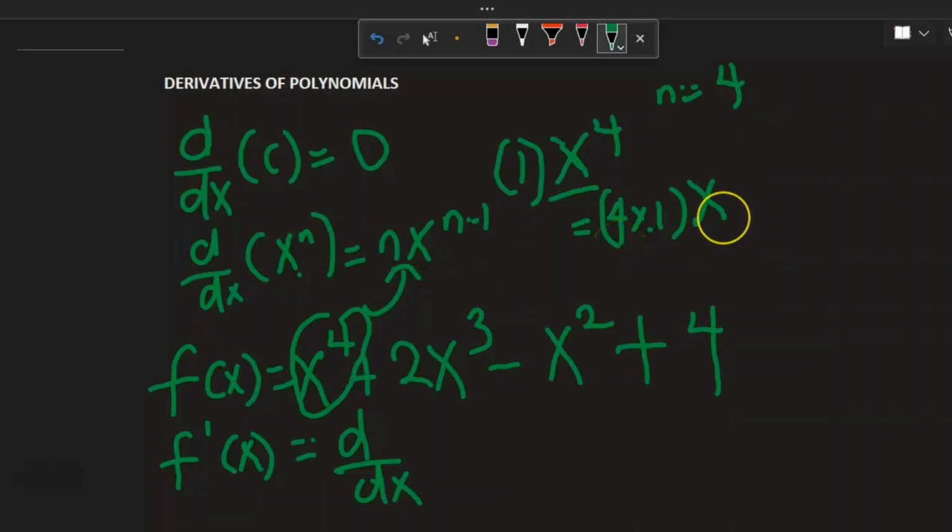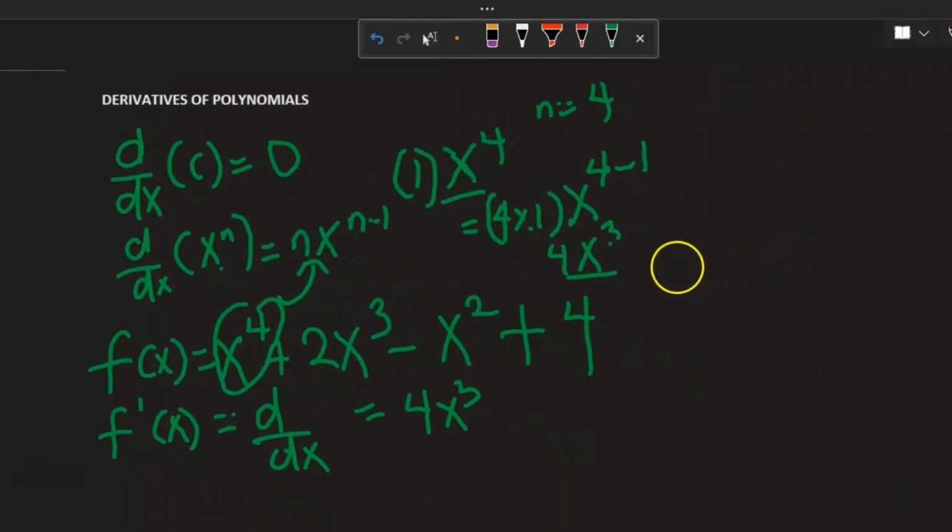Then the variable, we know n minus 1, which gives 4 minus 1. So basically, this will give me 4x, 4 minus 1, that's 3. So the derivative of this, I can easily say is 4x raised to power 3, right?